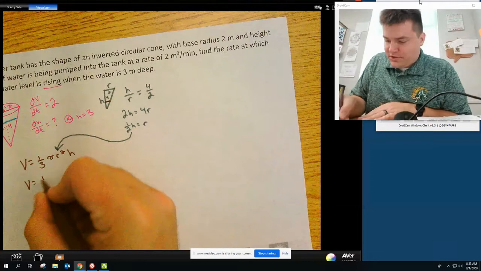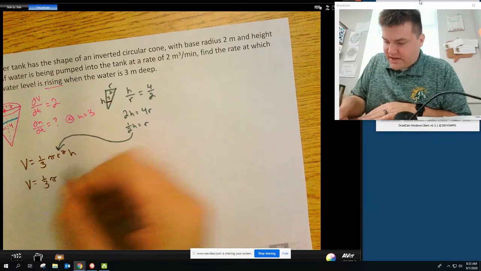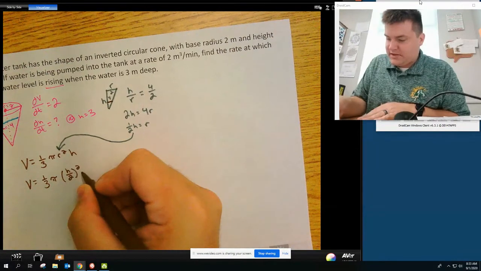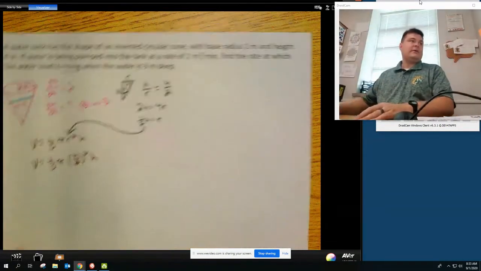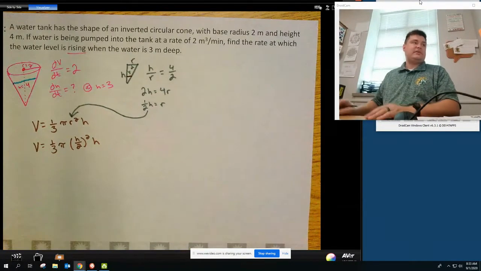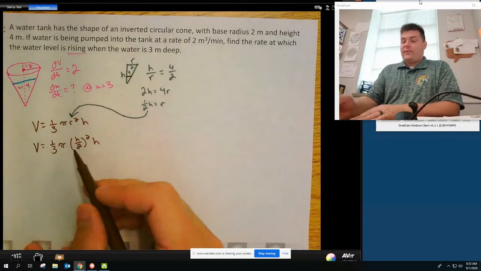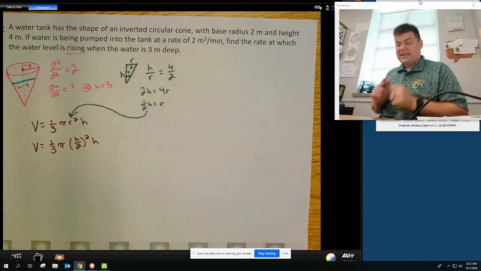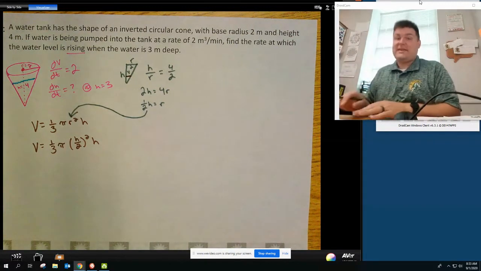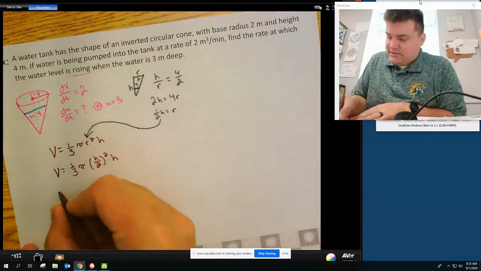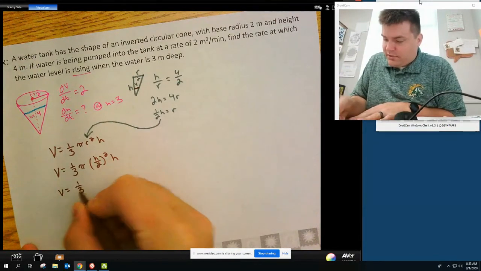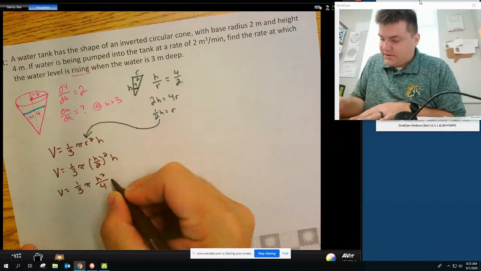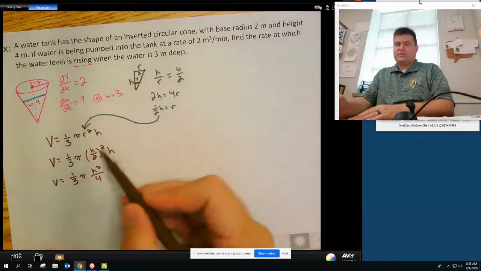V equals 1/3 pi, I'm going to say that's (H over 2) squared times H. All right. So now what I'm going to do is I'm going to make this formula look nice and easy. That's really my next thing. Make it a nice and easy formula so that I can take the derivative of it, and that part will be nice and easy. So V equals 1/3 pi H squared over 4 times H. So all I did was distribute the squared.